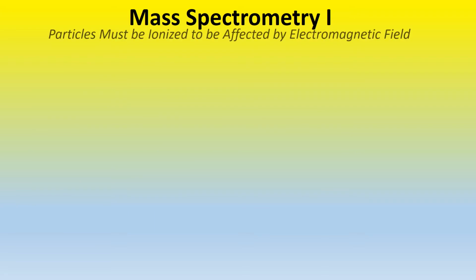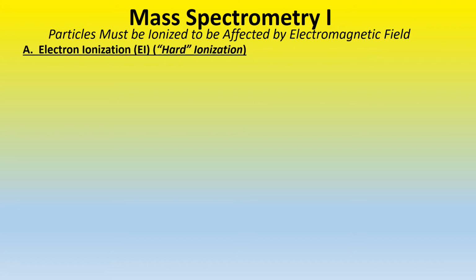Particles have to be ionized in order for them to be affected by a magnetic field. This is done by multiple different methods. The first method, called electron ionization, or EI, is what is called a hard ionization method. In this case, high energy electrons are used to impact sample particles.